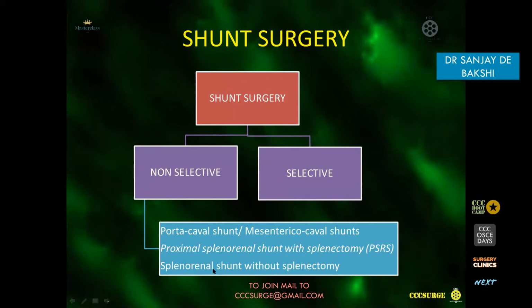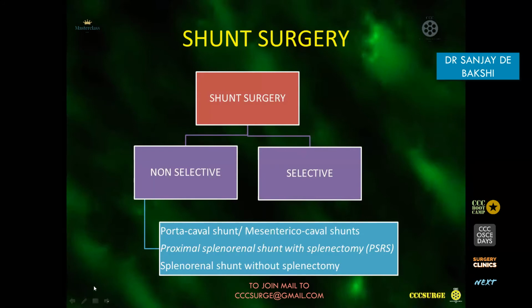And you also have a splenorenal shunt without splenectomy, something that was popularized at Chandigarh by Dr. Mitra, who was the head of the Department of Pediatric Surgery, particularly the splenorenal shunt without splenectomy.